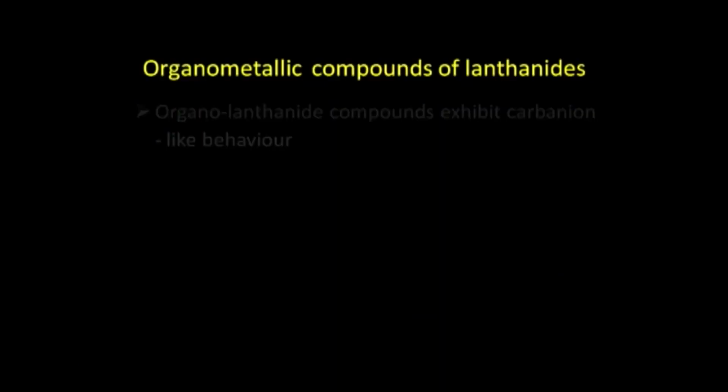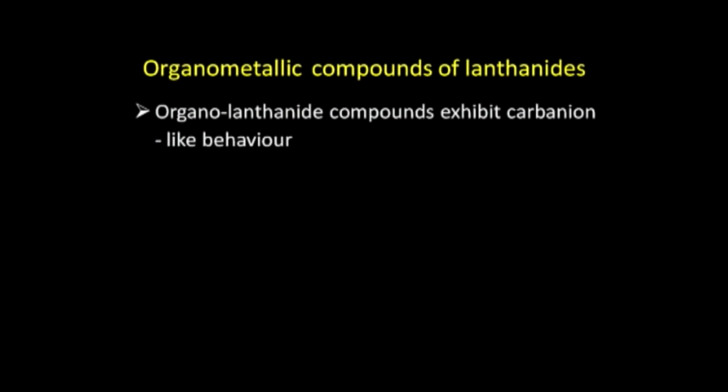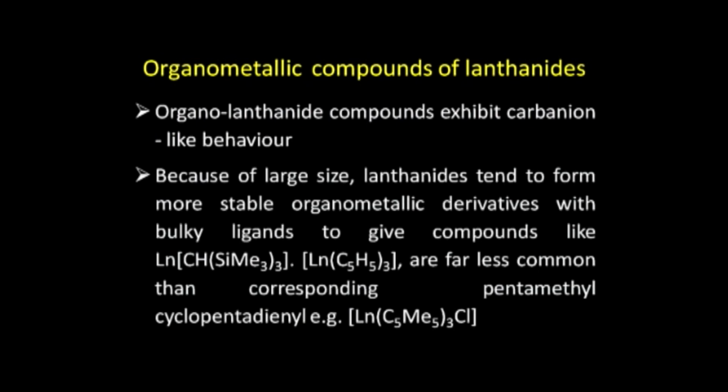At the end, the organometallic compounds of lanthanides. The organolanthanide compounds exhibit carbanion-like behavior. Because of their large size, lanthanides tend to form more stable organometallic derivatives with bulky ligands.